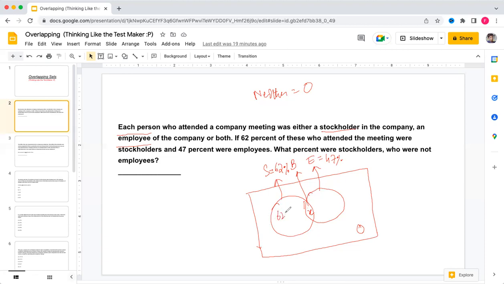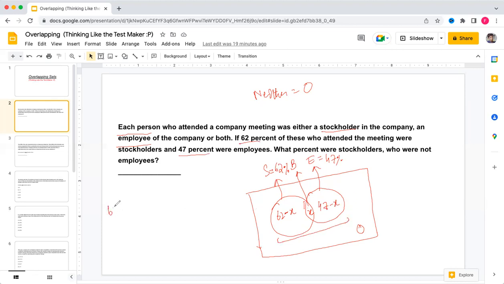That will be 62 minus X. And what are only employees? That will be 47 minus X. And we have the none scenario as 0. These are actually percentages, 62% and 47%. As we already know, the overall must be equal to 100, so this whole sum must equal 100.